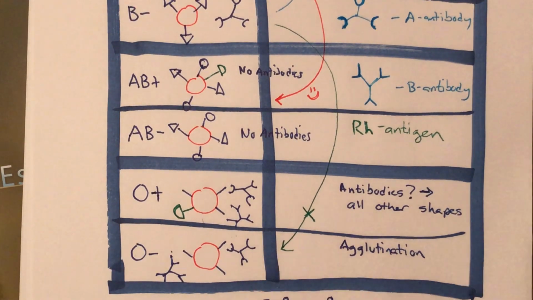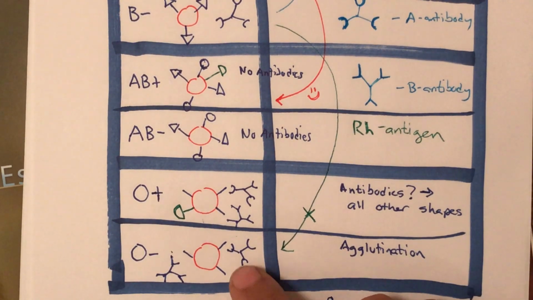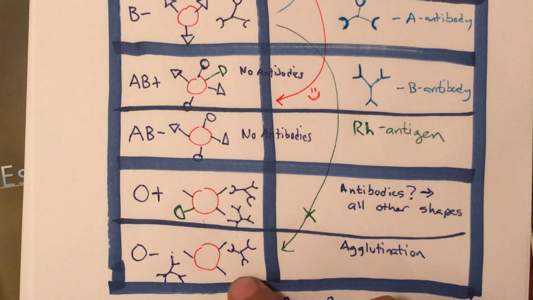So we always hear this universal donor and universal recipient. Who is who? Well, it seems like a person with O negative blood can't receive really from anyone because they have so many antibodies.